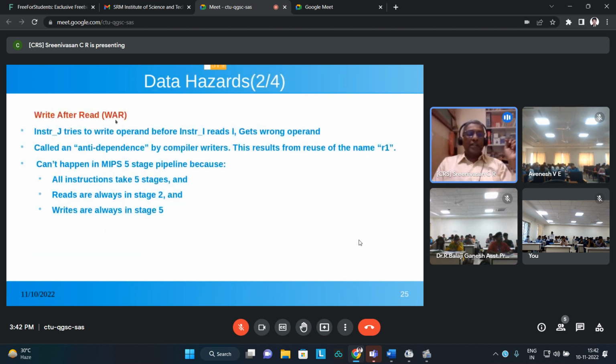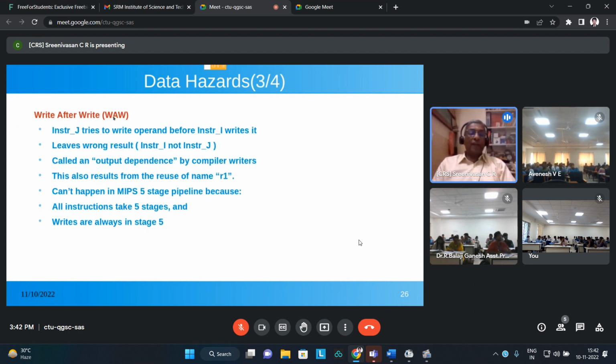Then write after read. You cannot write while another person is reading. This is called anti-dependence in compiler terminology. All instructions take 5 stages, and reads are always in stage 2 because instruction fetch and decode happen first, and writes are always in the last stage, which is the 5th stage, once it gets access to the memory address.